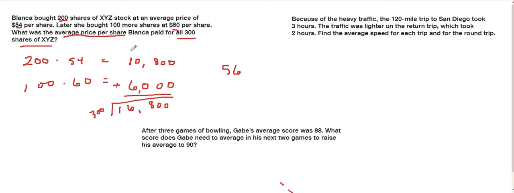But also, when we were finding this, it might have been tempting to say, well, I've got 300 shares total at an average of 54, okay, 57, okay, and then multiply that.